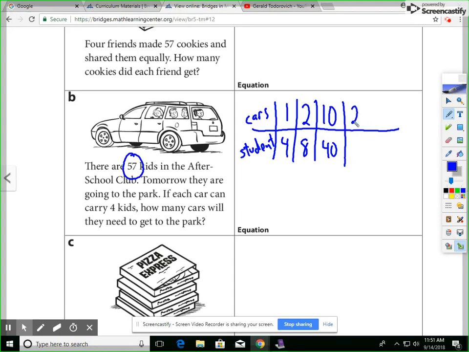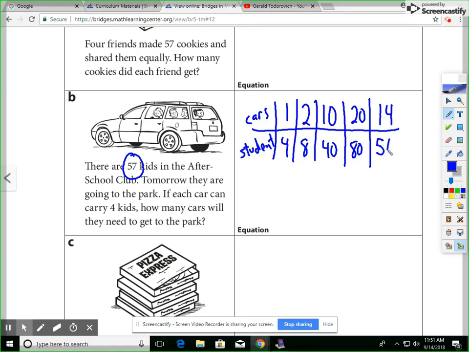We're getting closer to that 57 number. Maybe we tried 20 cars. Double from 10 to 20 is doubled. So that would take 80 kids. We don't need that many cars. We only need to get to 57. And if you remember back from letter A's problem, our answer was 14. So maybe we'd just try 14 right here. So in 14 cars, 14 times 4: 10 times 4 is 40, and then 4 times 4 would be 16.